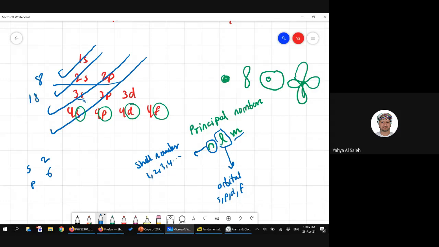Why is this able to take 2 and this 6, and then why is this able to take 10, and so on? You probably asked them this question and they either told you, which I would be very happy, or they might have told you it's too complicated, you will learn it later. The reason why they can take more and more is because of this M. The M gives them different energies.